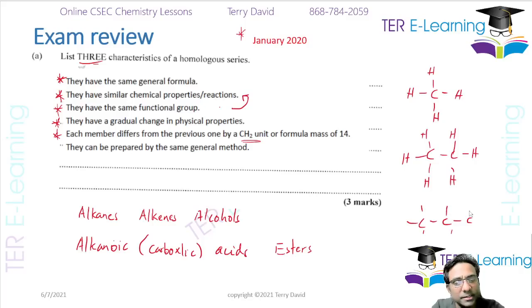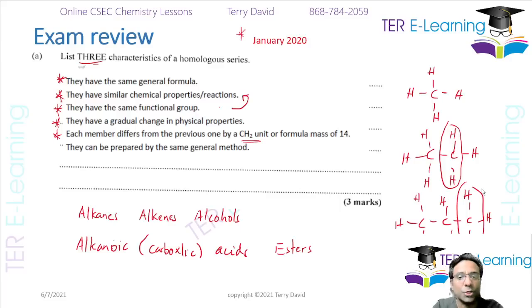I just realized the video might be blocking this one. But if you look at the difference between your structures, the difference between the first and the second structure is CH2. The difference between the second and the third one is the next CH2. So we keep adding on CH2. That's where this came from.